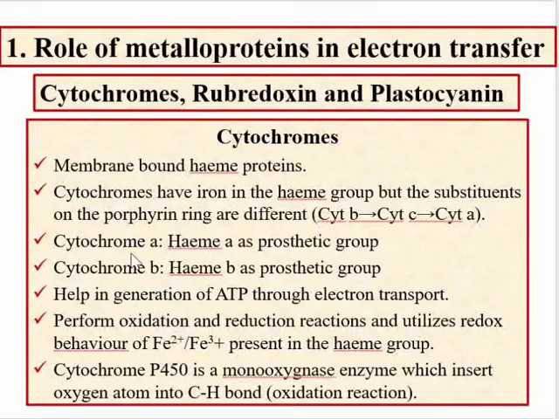And cytochromes also help in the generation of ATP through electron transport. So when the electron transport takes place, the production of ATP also takes place. And during this electron transfer, the iron center will oxidize or reduce.